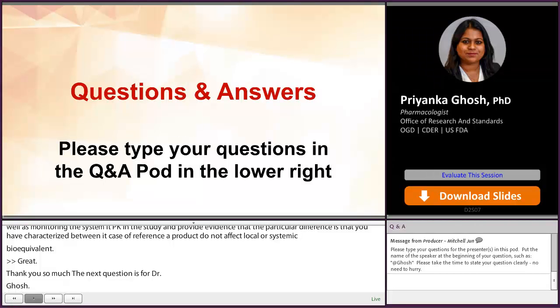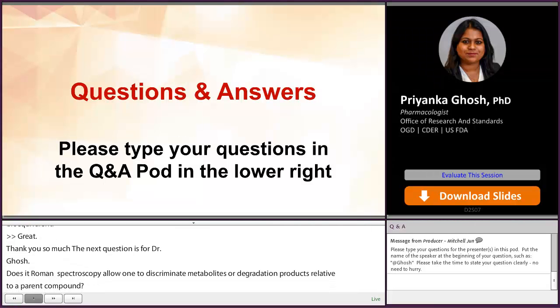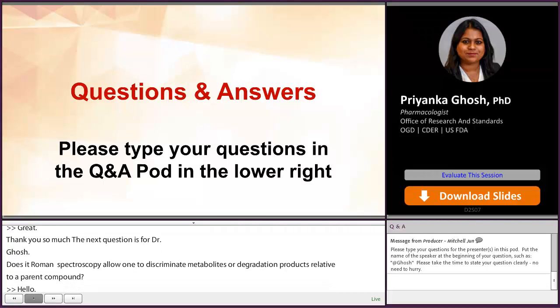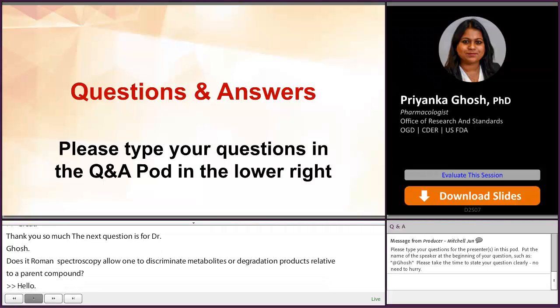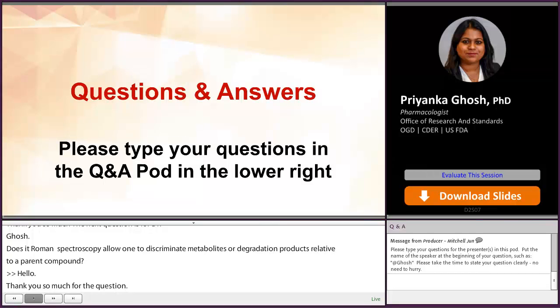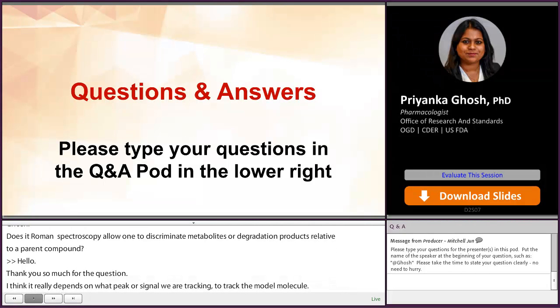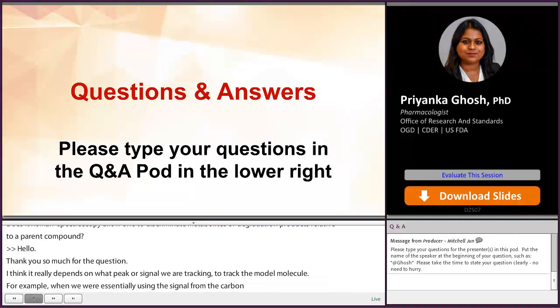Hello. Thank you so much for the question. I think it really depends on what peak or signal we are tracking to track the molecule in the skin. For example, with cyanophenol, when we were using the signal from the carbon-nitrile bond, if that molecule were to metabolize in the skin, and if we didn't have a unique signal associated with the metabolite itself, then it may be challenging to track.